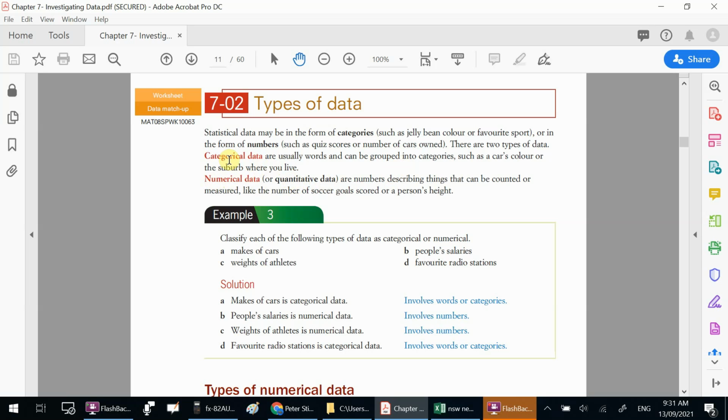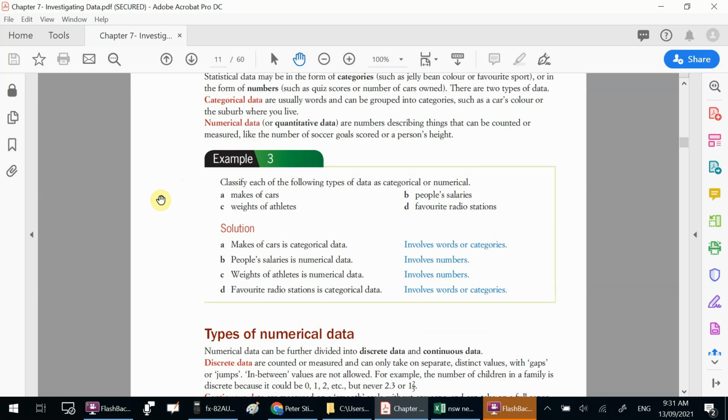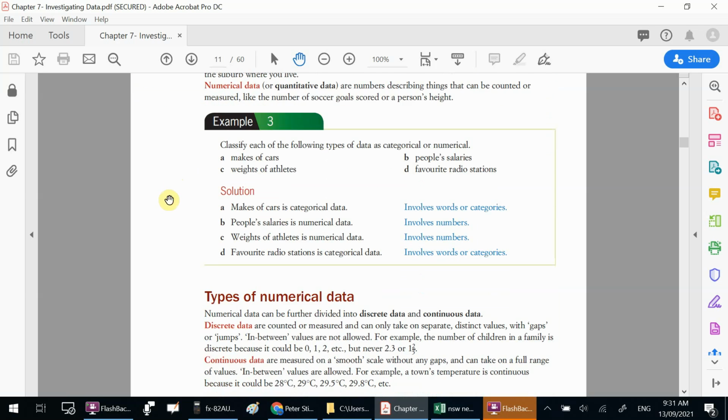And so, for example, the census would have asked us about people's types of jobs they have, and that would be categorical. And then asking the income from that job would have been numerical. Okay, so we have some examples here in the textbook.